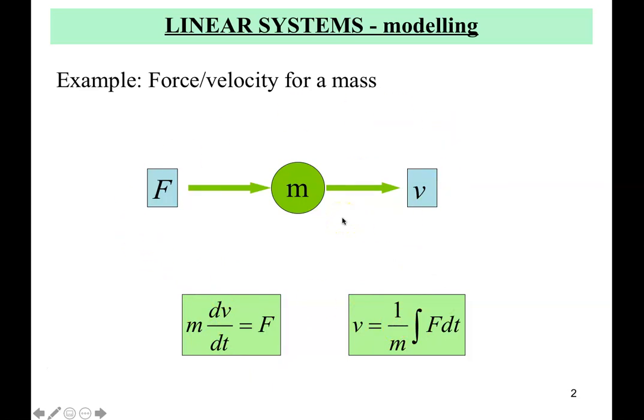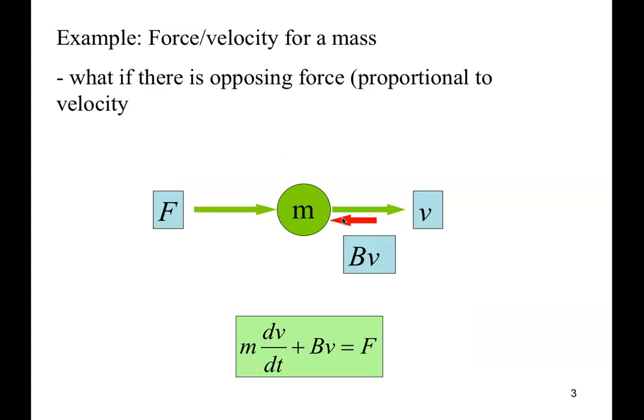Okay, it's a simple system, it's a single mass, and the input is F, the force, the output is v, the velocity of that movement. Now, of course, in real life, we don't have a vacuum condition. And if you have a mass, once the mass starts to move, you get some air resistance to it.